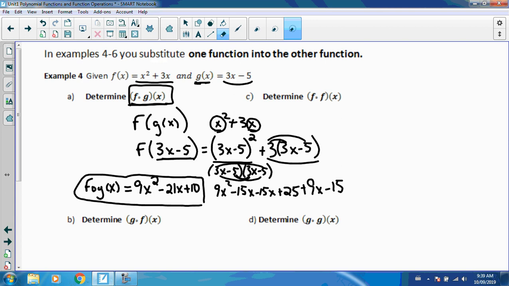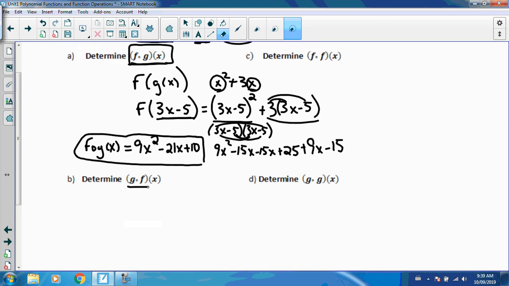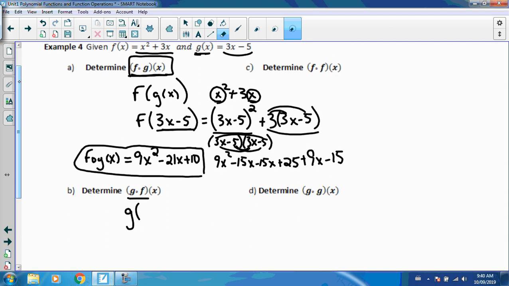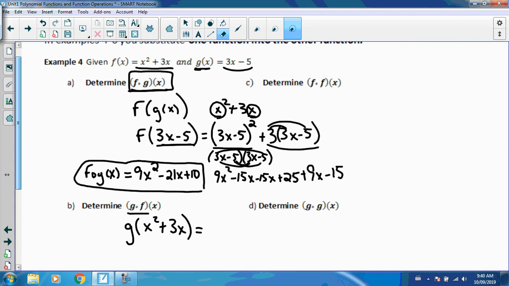Down here, we're putting g into f. So again, the order is important. This time we're doing the g of f of x. And if I go back up to see that, f of x is x squared plus 3x. So g of x squared plus 3x is 3x minus 5.